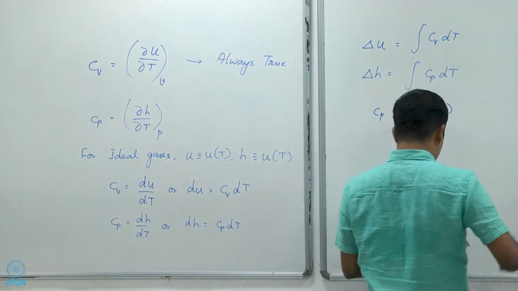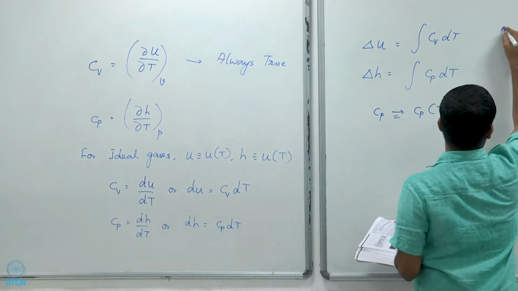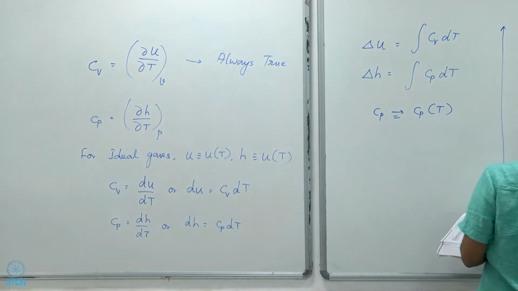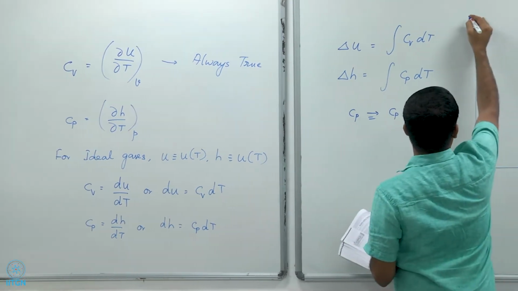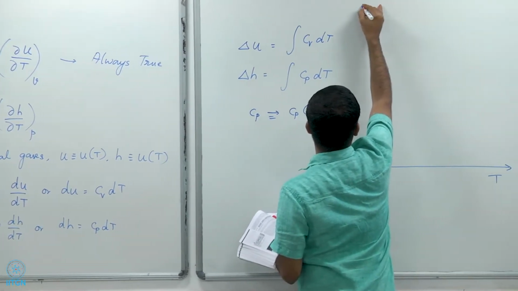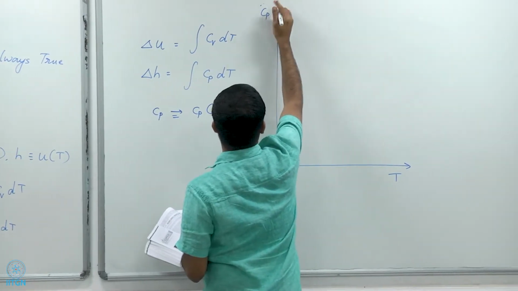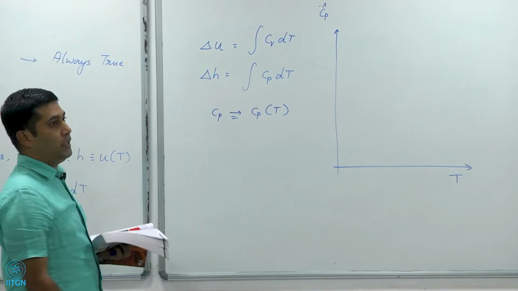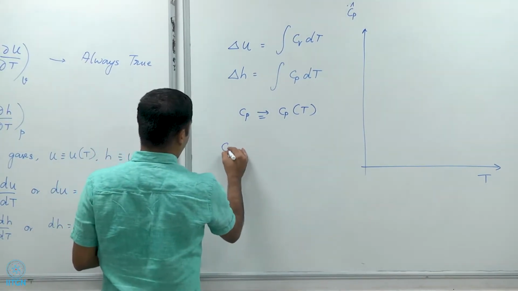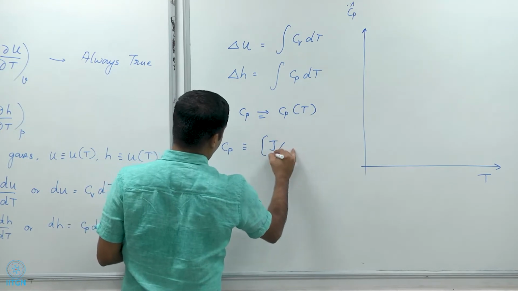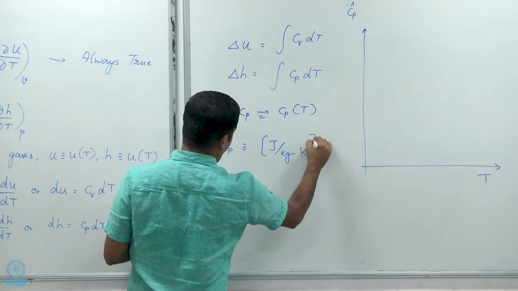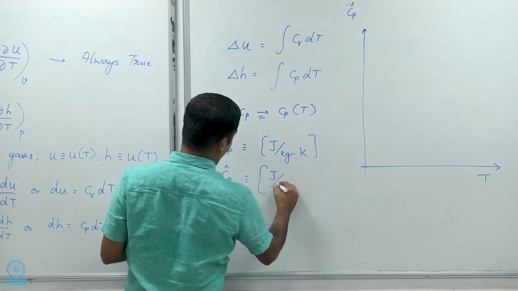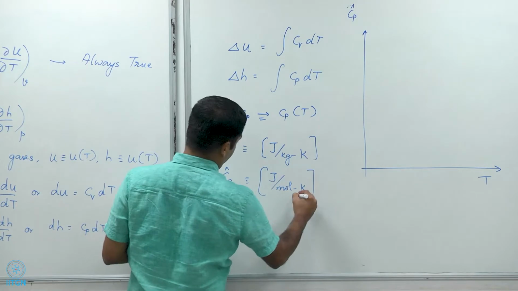So let's plot it first for, let's say, hydrogen. This is temperature and this is Cp cap. So I'm plotting here Cp cap, right? Cp cap is Cp in units of joule per kg Kelvin, but you can imagine a Cp cap which has units of joule per mole Kelvin, right?